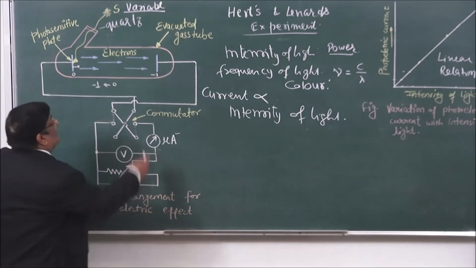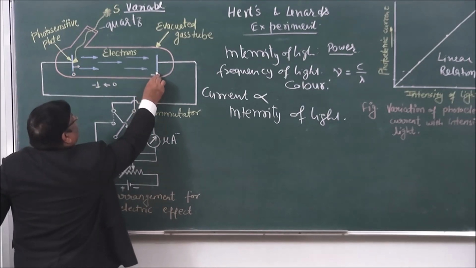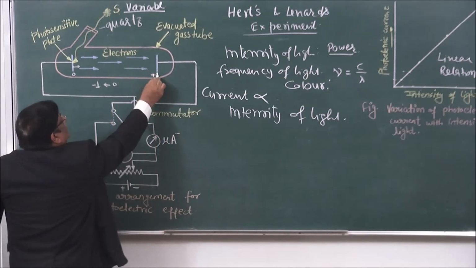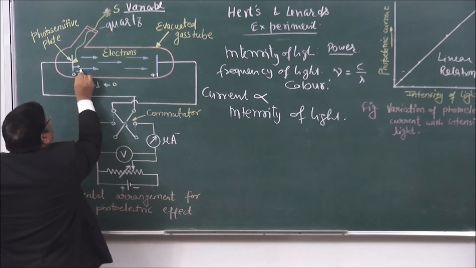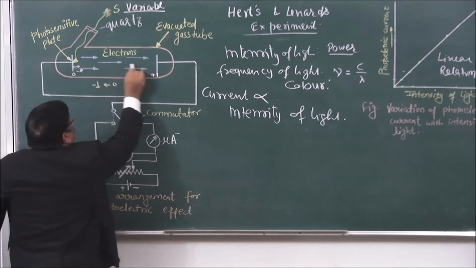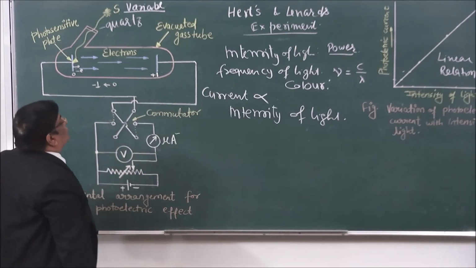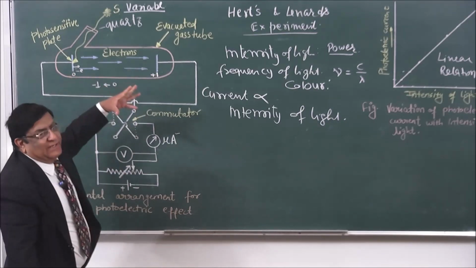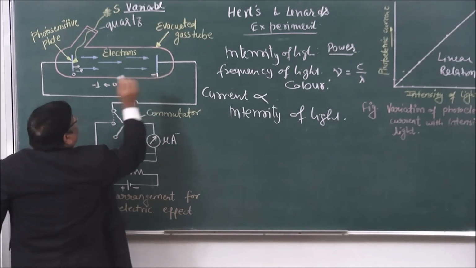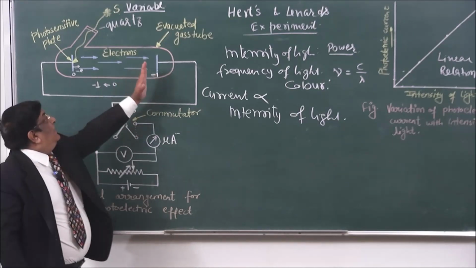But if we give it minus 1 volt, see both the cases. If we give it plus 1 volt, then this minus is attracted by this plus and it will move fast, so the current will slightly increase. But if it is minus, then there will be a repulsion.